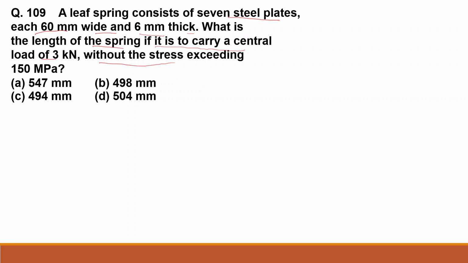First I will write here the given values. What are the given values? Sigma is equal to 150 megapascal, and W is the weight, the load, given here as 3 kilonewton.